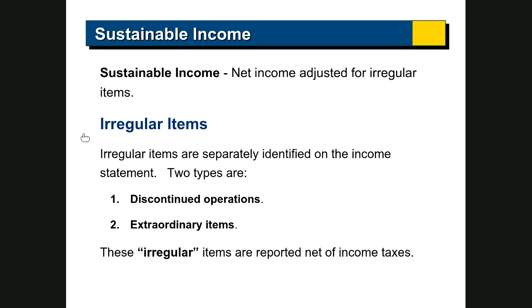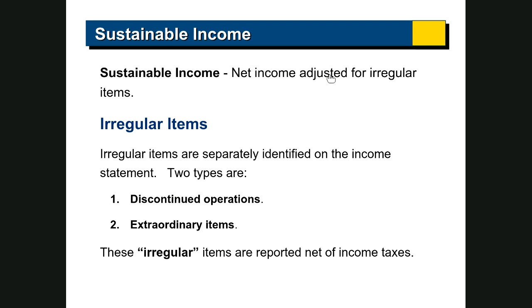You don't know whether it will come again, or will it ever happen again or not, you don't know, right? So those are unusual or extraordinary, irregular income. Sustainable income is that income that is your normal level of income, okay?